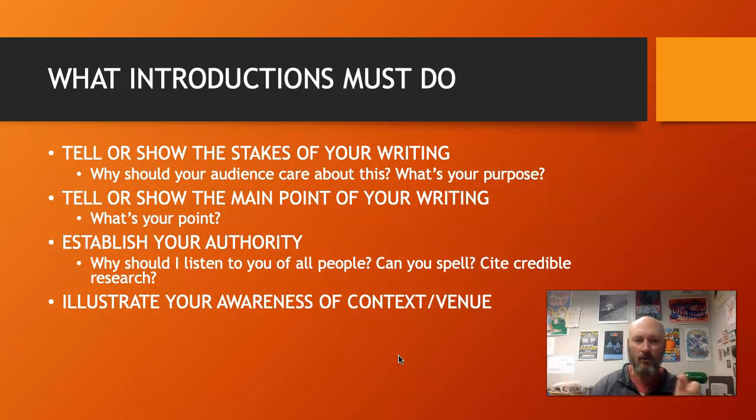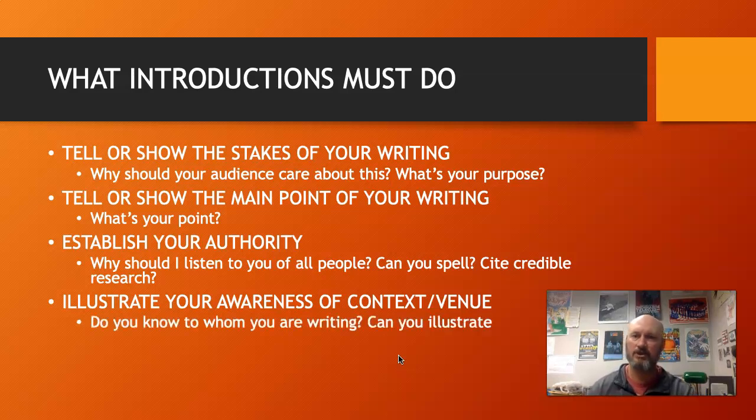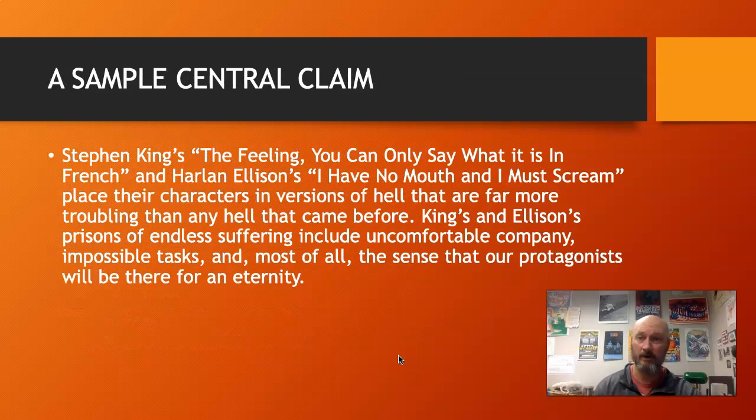And to ignore this massive cultural shift that's happened, I think would illustrate that you're not aware of the context or the venue. So you need to make sure that you can illustrate that you have an awareness of their values, that you have an awareness of what's going on in the world.